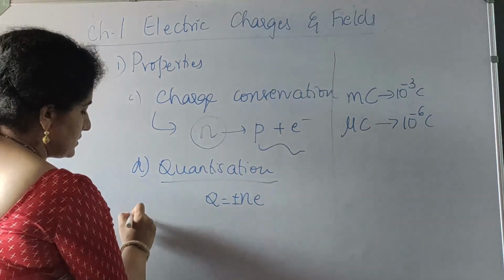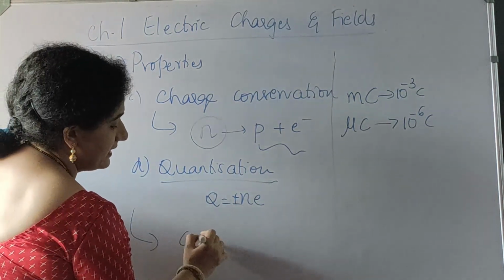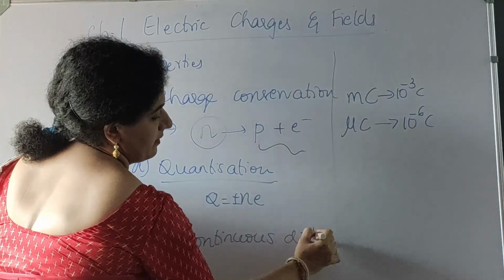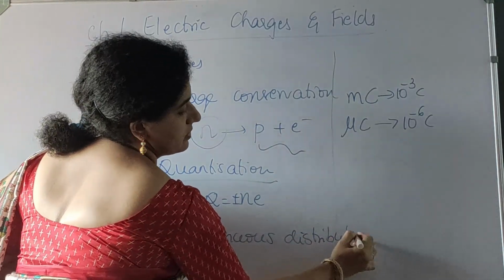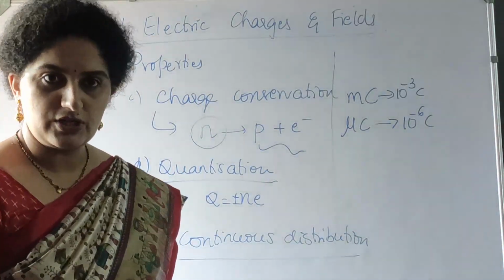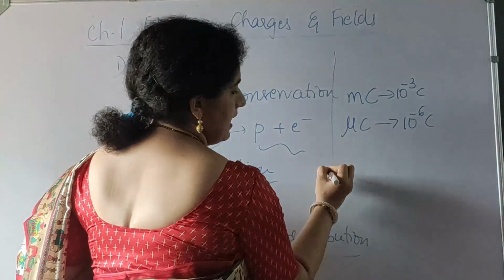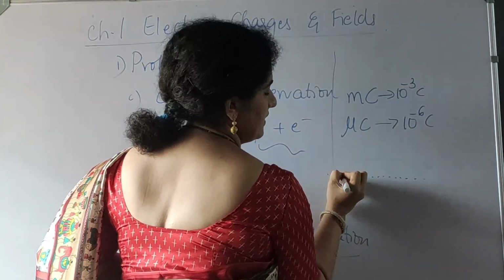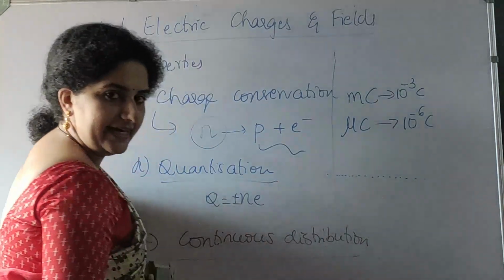Next, under this quantization, we have continuous distribution of charges. What is this continuous distribution of charges? Suppose I have a large number of very closely spaced dotted lines.